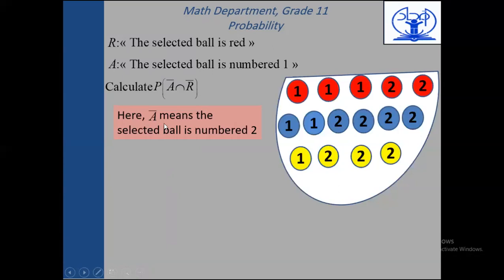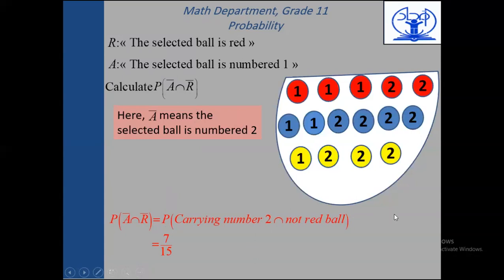Don't forget here, in this context, A bar means the ball is not numbered 1, which means it's numbered 2. So A bar intersection R bar means carrying number 2 and not red. Count these as I did. That's 7 over 15. Some students may use De Morgan's theorem, but I think in this problem, it's like this.